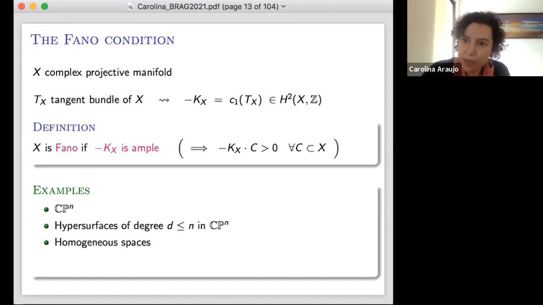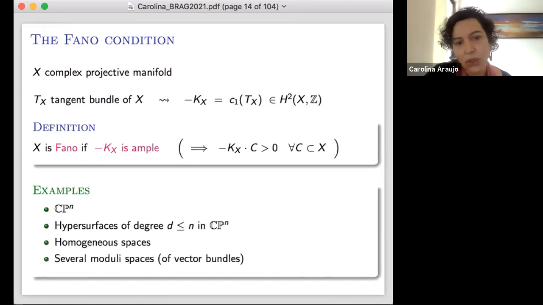Homogeneous spaces, more particularly rational homogeneous spaces, and again, I'm going to be discussing them in more detail soon. And also, let me mention that several moduli spaces are Fano manifolds, especially moduli spaces of vector bundles, which often are Fano manifolds.